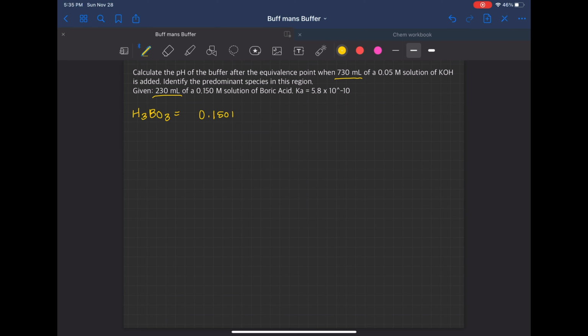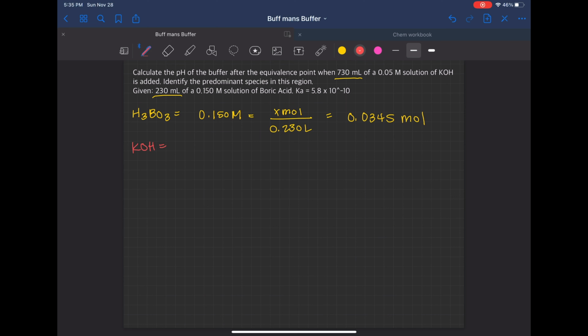Now we're going to find the moles of boric acid given the molarity and the milliliters that we converted to liters. We're going to go ahead and do 0.150 molar equal to X mole that we're trying to find over 0.230 liters, which is going to give us 0.0345 mole.